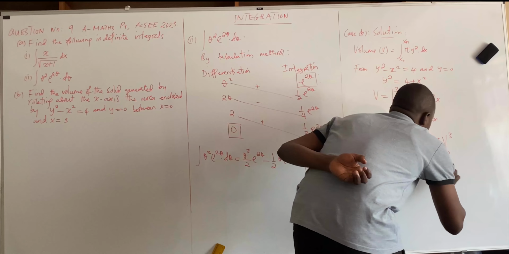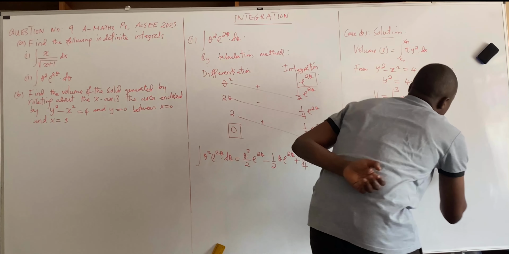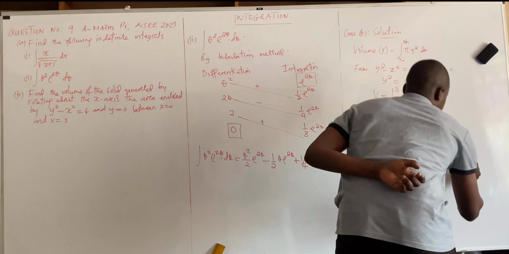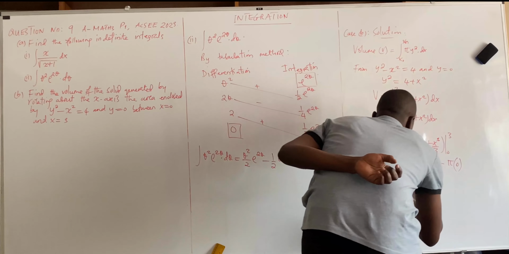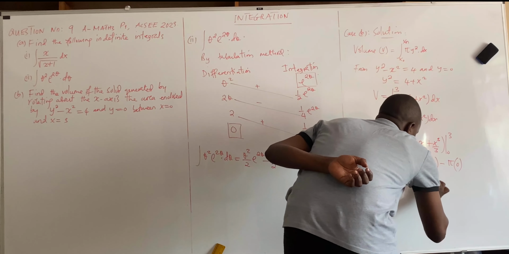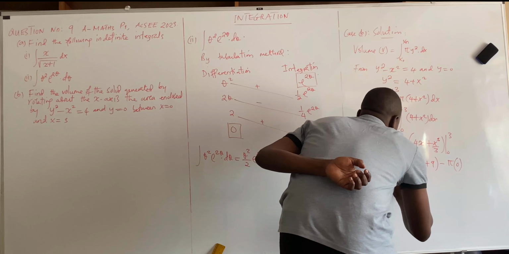Then now we subtract pi again, now we put 0. So 0 here becomes 0 and 0. So at the end of the day, now we get this plus that, we get 21 pi. Then that's now will be the volume.